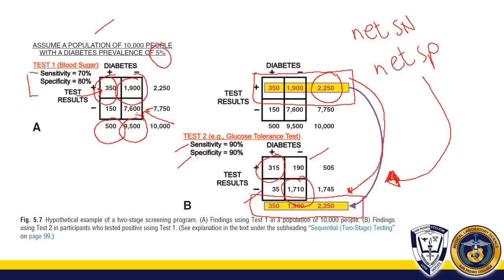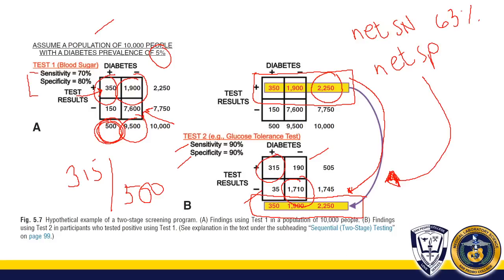So kumbaga, buhaton nato for net sensitivity, that would be 315 divided by the total population sa katong pinaka first, pila to tanan gyud ang original na naay disease, then that is divided by 500. And we would actually get a result of 63% sa net sensitivity.